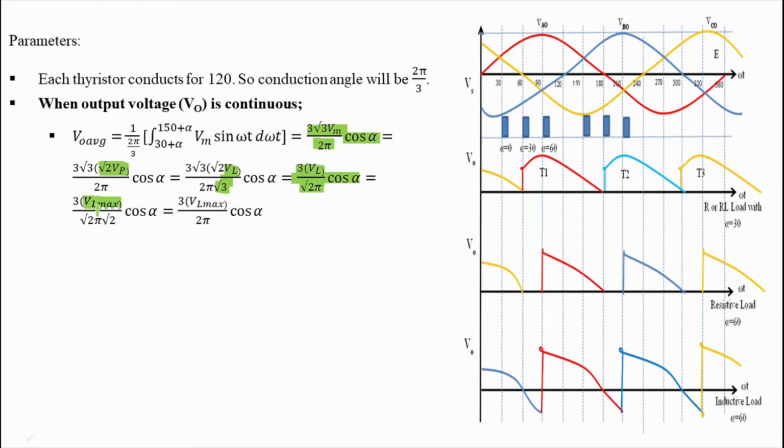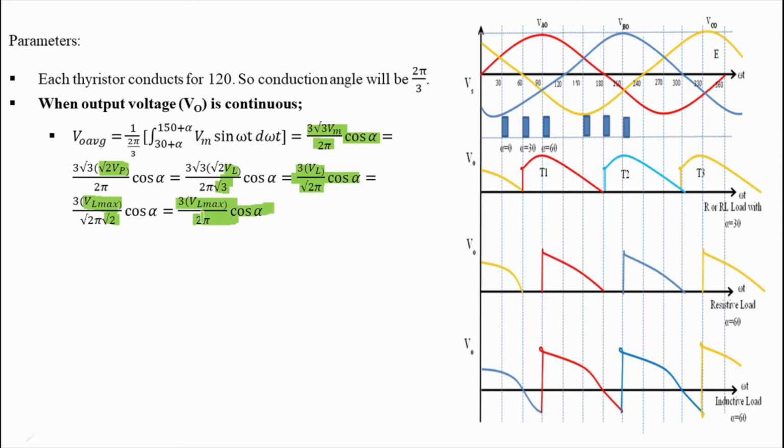So on putting this VL is equal to VL max by root 2, we get this expression. On simplifying this we get 3 VL max upon 2 pi into cos alpha. So these are the expressions for average output voltage.